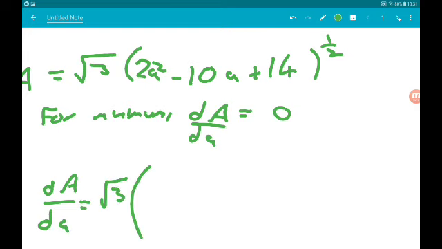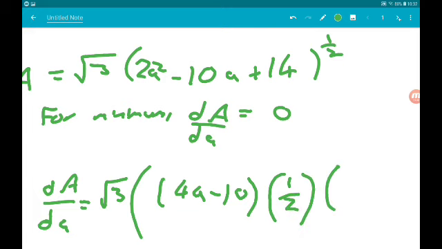Okay, so then, by the chain rule, the stuff inside of the brackets differentiates to 4a minus 10. Now the power comes down, that's a half.